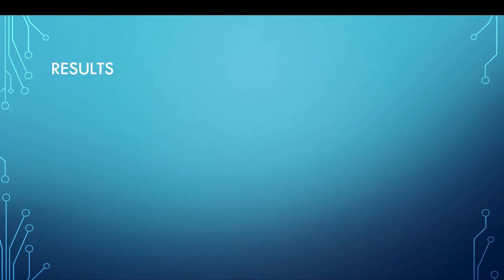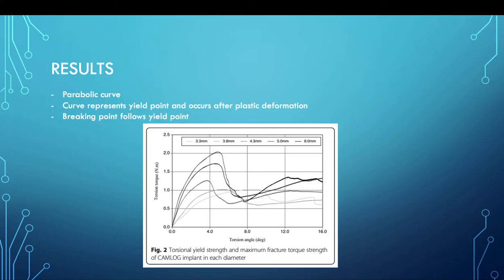Results. This figure shows the relationship between torsion angle and torque. It shows that the fracture occurrence from the torsional load follows a parabolic curve. Initially, for all the diameters, as the angle increases, the torque increases proportionally.